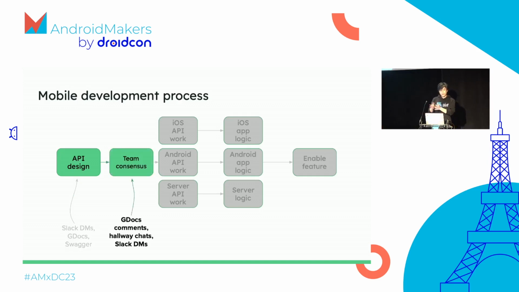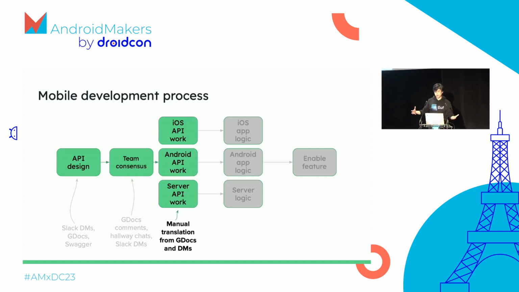And from that, the team gathers together, gets comments through, tries to figure out what will work, what will not work. And from there, we all break apart in parallel, and we implement and embed whatever we decided for the API into our specific applications. Then we get to do the application logic, and finally, we release the feature, enable the feature, or do end-to-end verification at that stage.